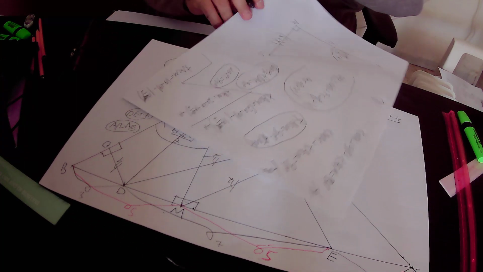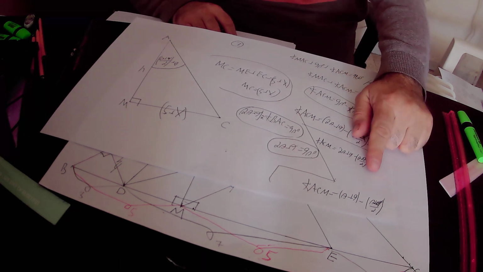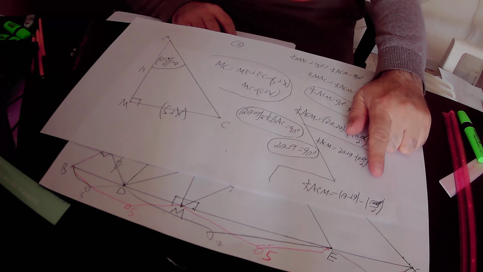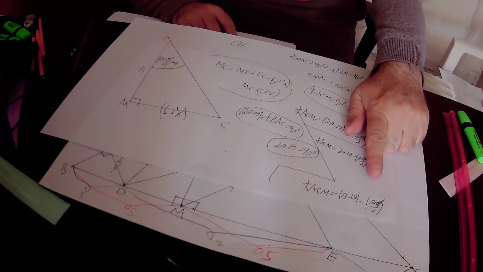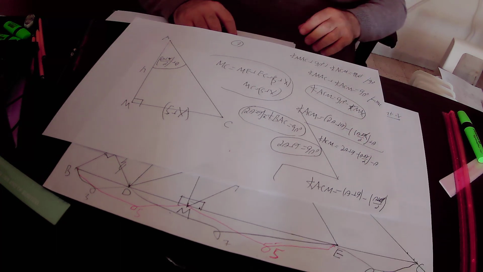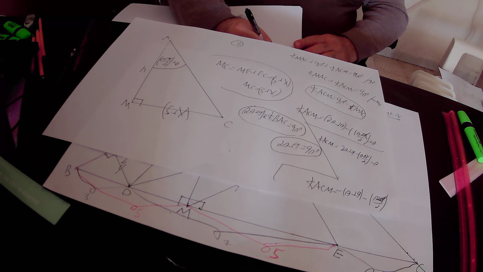So we found out that angle ACM equals theta plus alpha minus alpha over 2, and that equals theta plus alpha over 2. So we write down that the angle that we are looking for, angle ACM, equals theta plus alpha over 2.